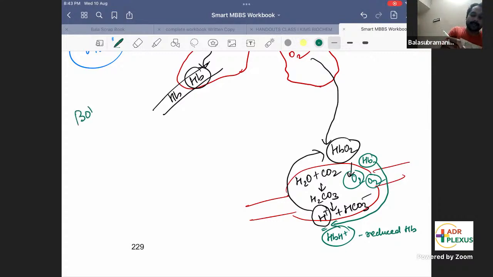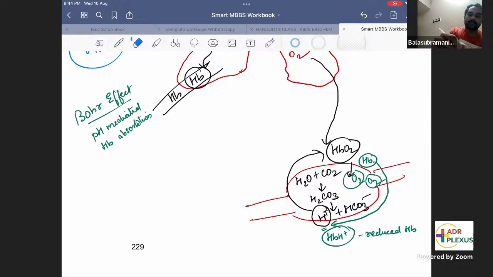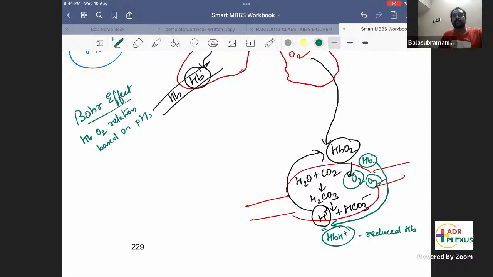This is called the Bohr effect: pH-mediated Hb O2 relation based on pH. The pH should not be squandered. That is why the Hb loses its oxygen and takes up the H plus.